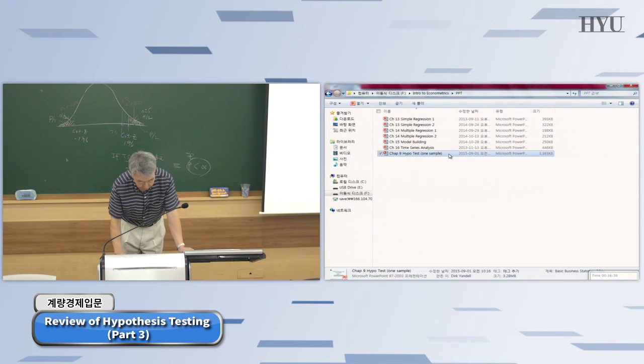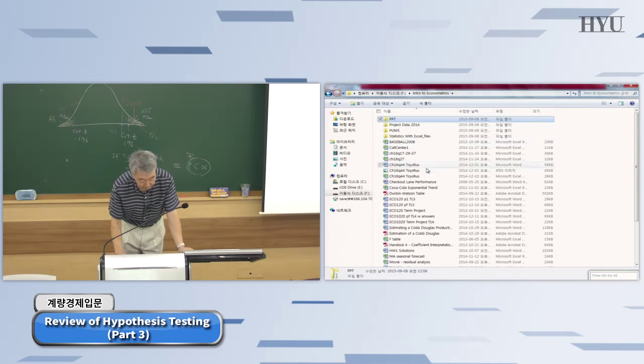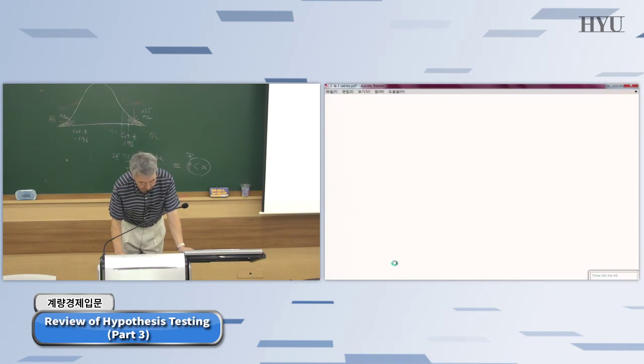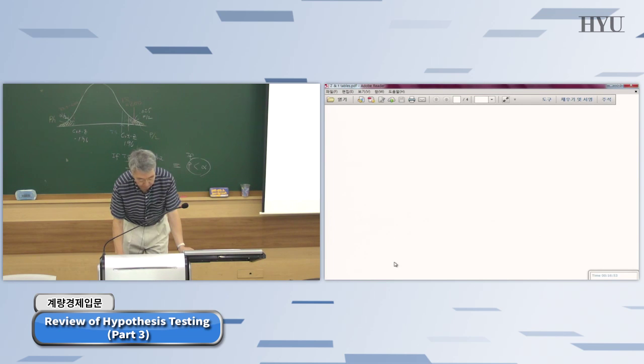So here's a copy of the z-table that you see in the back of your textbook. Come on.